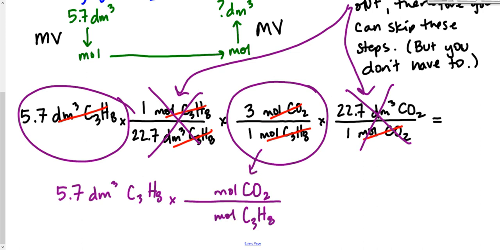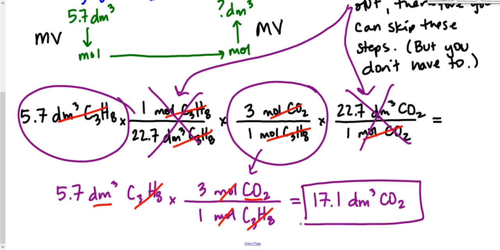So that's how this comes here. And then it's just the 3 to 1. And when I cancel, moles divide out and C3H8 divides out. So I'm left with decimeters cubed and CO2. All right, so 5.7 times 3 will give me 17.1 decimeters cubed of CO2.